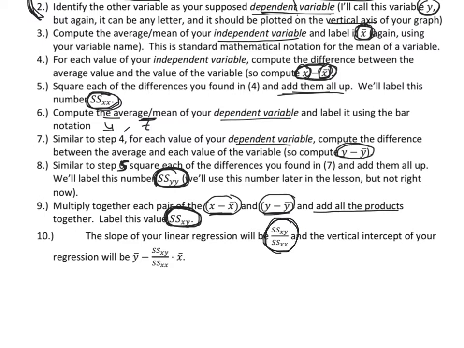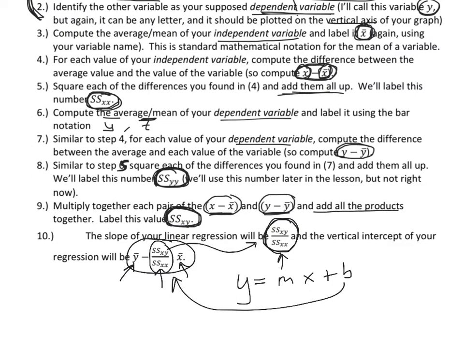And then to find the vertical intercept of your regression, so your y-intercept, you do this computation right here: the average of the dependent variable minus the product of the average of the independent variable and the slope that we got from before. And then when you're all done, your regression line is basically y equals mx plus b.